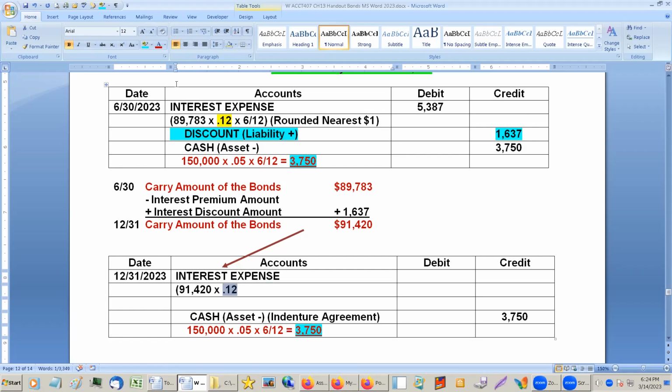The amount we owe them is going to change. We owe them more money now, but they're still going to charge us 12% times 6/12, or just divide it by 2. And I'm going to round it off to the nearest dollar again.